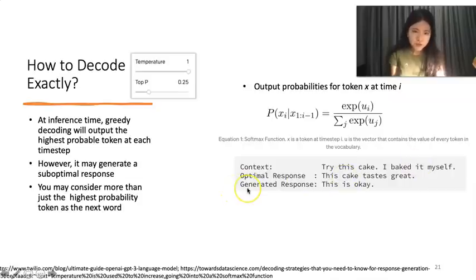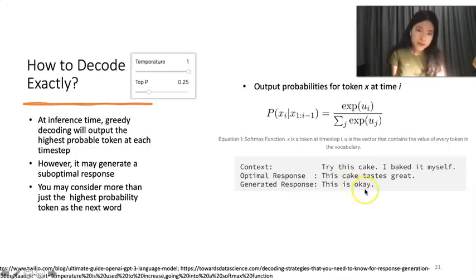But in your actual generated response, at time 1, "this" is generated according to the highest probability. Then "is" follows because it is a higher probable token compared to "cake."